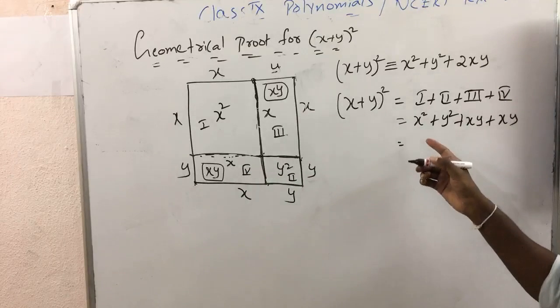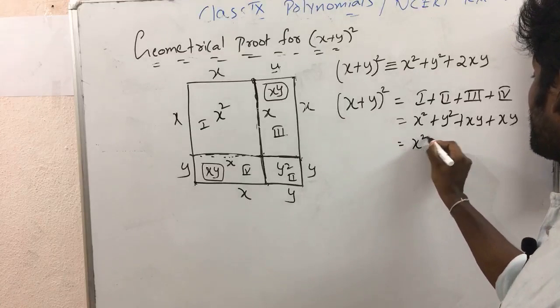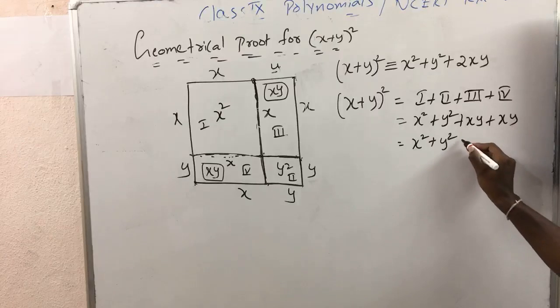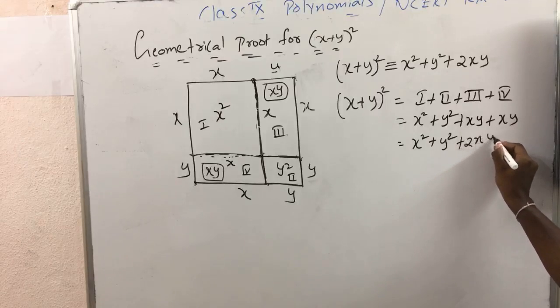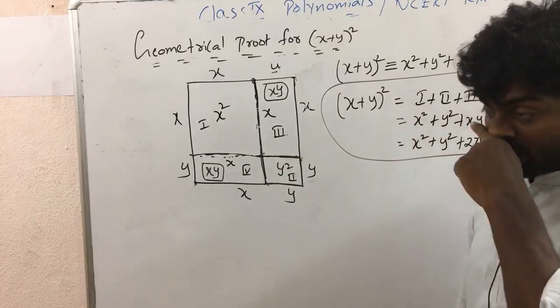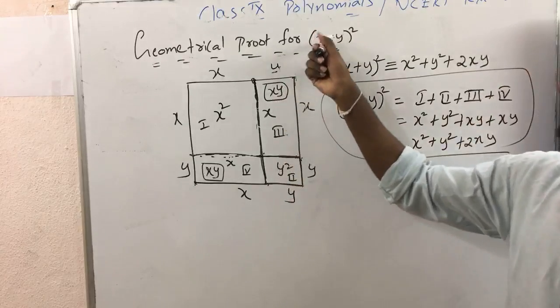So we get x square plus y square plus xy plus xy, which is 2xy. Now the formula is verified using the geometric figure. So this is the geometric proof for x plus y whole square.